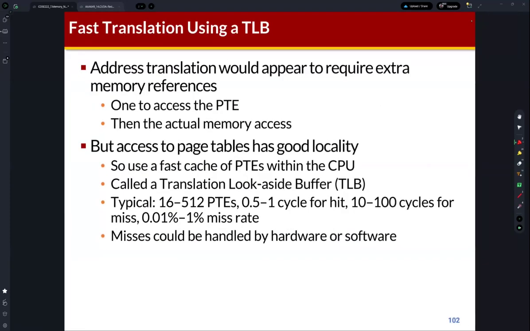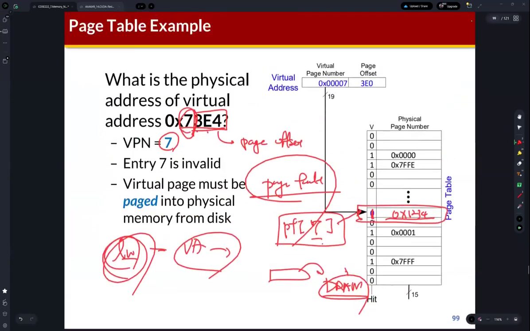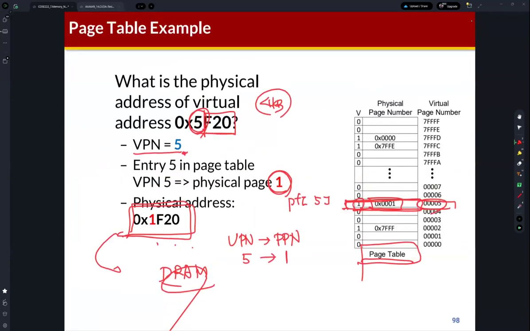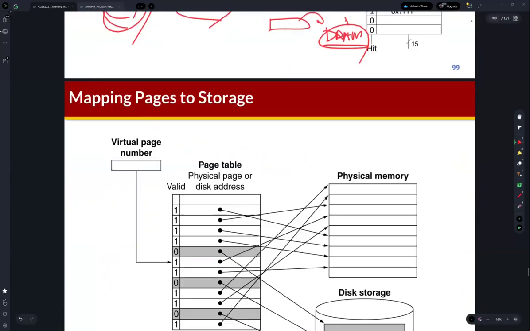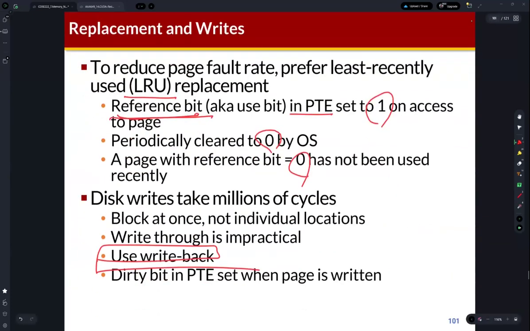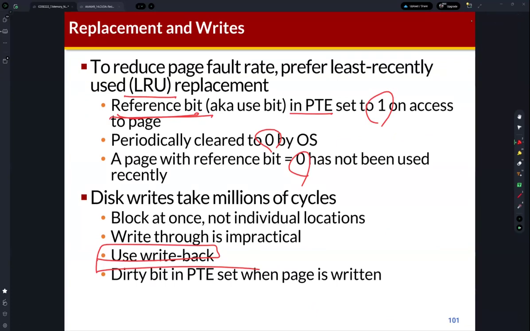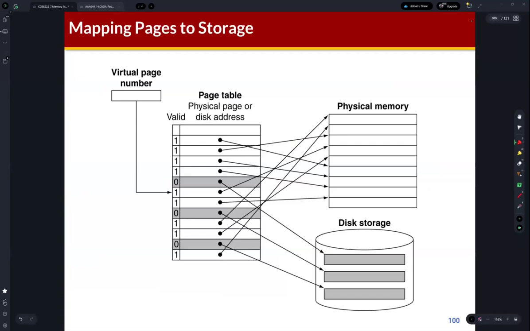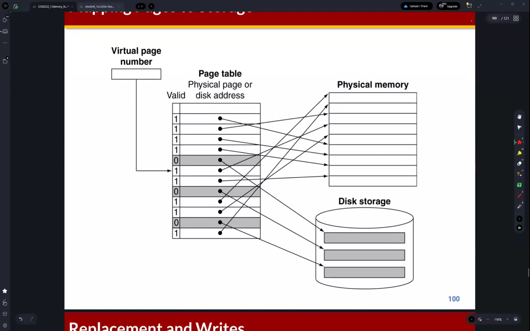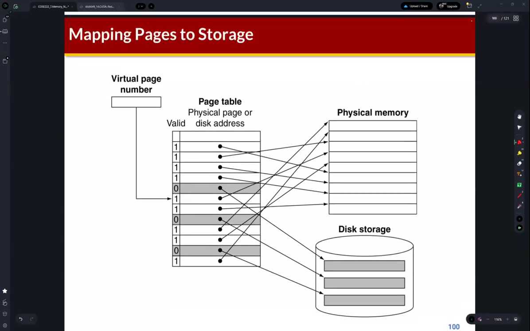Okay. So we learned about the page table, and then we learned how the virtual address is translated into the physical address. Then what's the problem? I mentioned that the page table is a data structure.